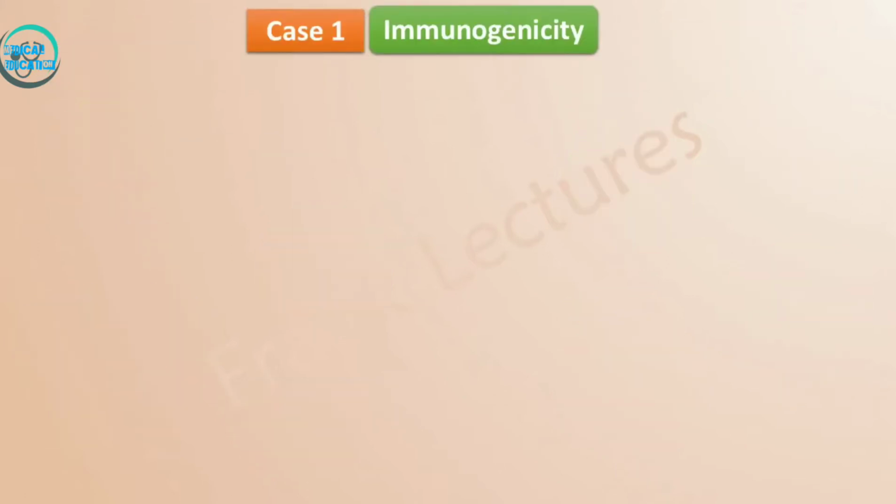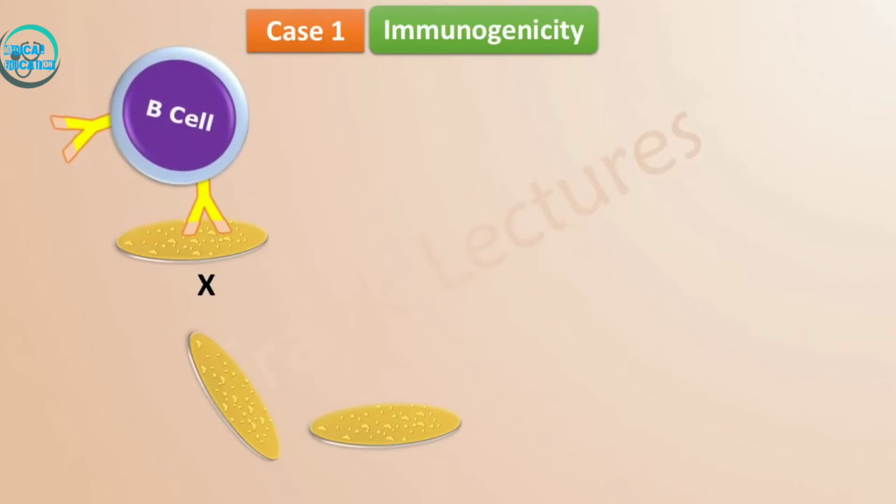Let's say, a pathogen such as bacteria, say X, invaded the body. Here, bacteria are the antigens. Once inside the body, B cells recognize these antigens, or more specifically antigenic determinants or epitopes of the bacteria.